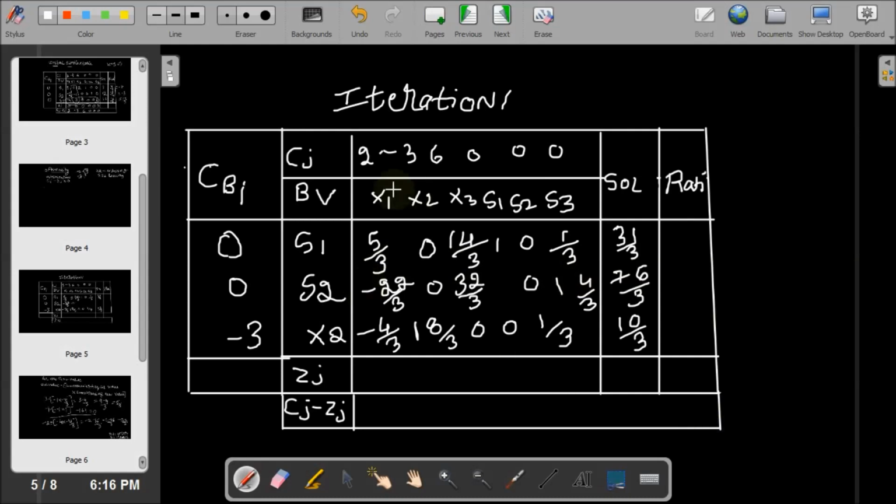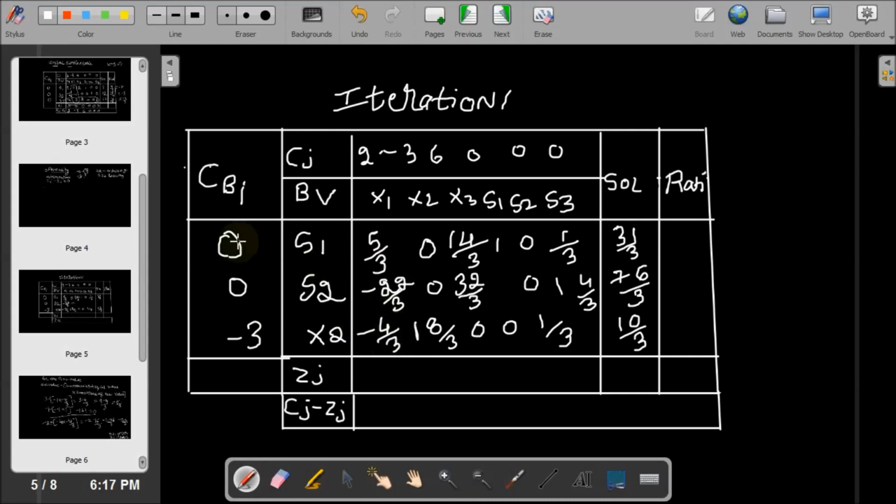Now I have to calculate zj. How to calculate zj? 0 into 5 by 3 plus 0 into minus 22 by 3 plus minus 3 into minus 4 by 3.